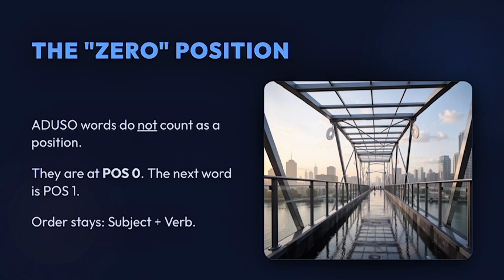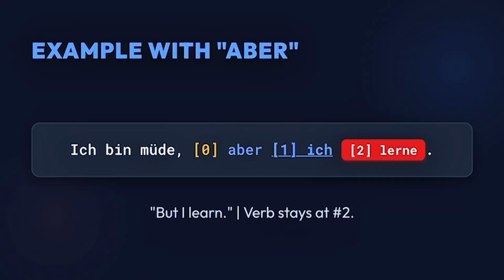I'll show you an example. For example, with aber: Ich bin müde, aber ich lerne. Ich bin müde. I am tired. Aber, but. Ich lerne. I learn. So the verb stays at position 2, in the second position.